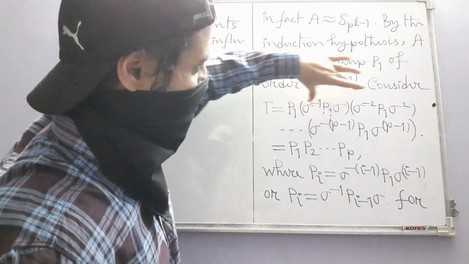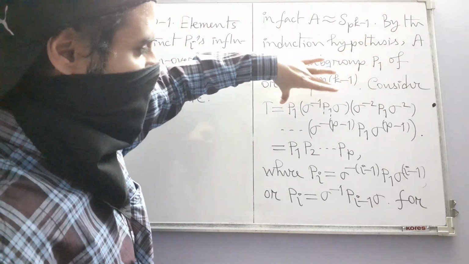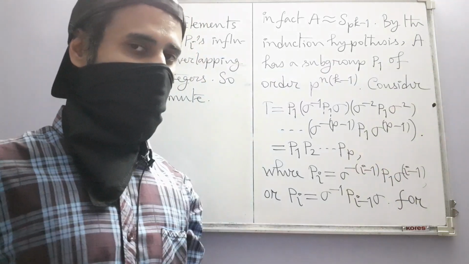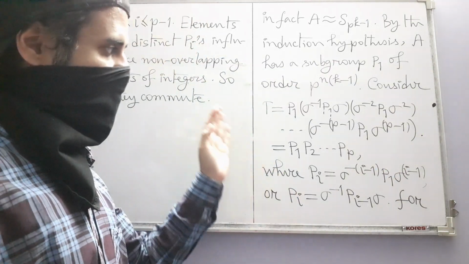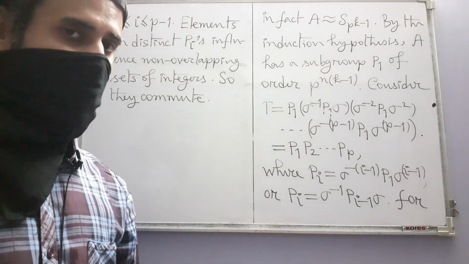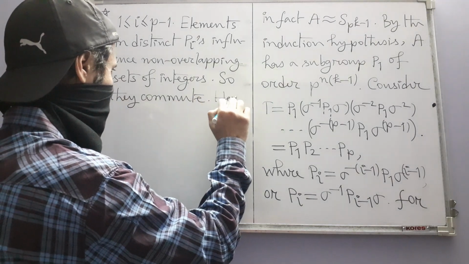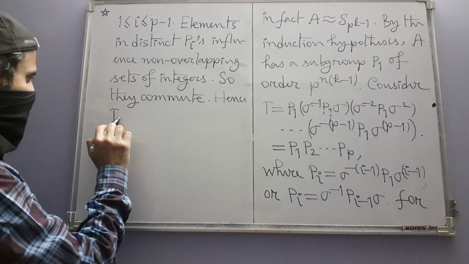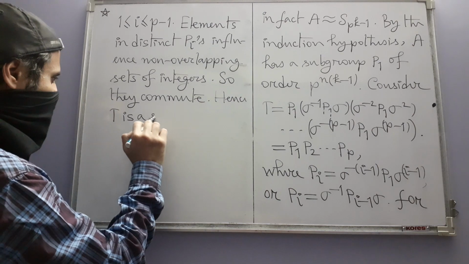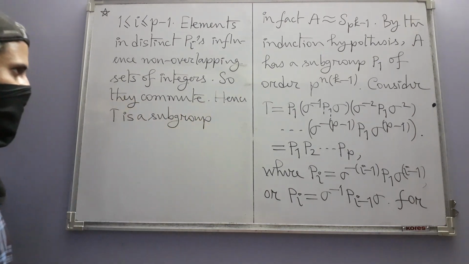So this times this is equal to this times this product. So the product of the first three is also a subgroup, and continuing like that, we get the fact that T itself is a subgroup. Hence, T is a subgroup.